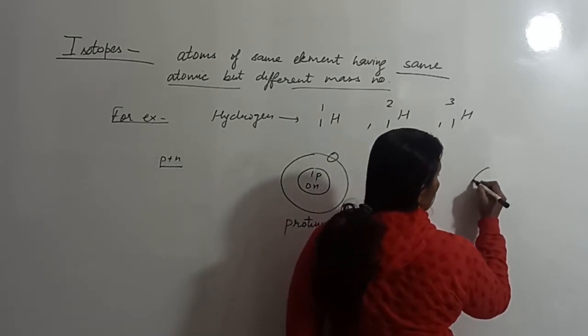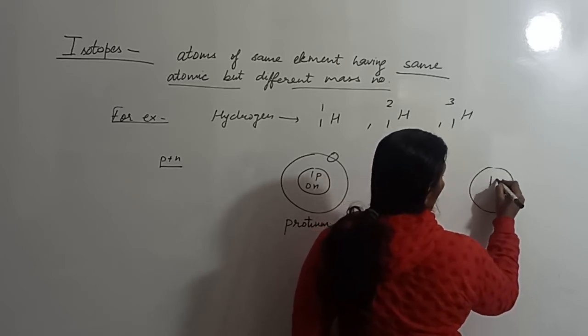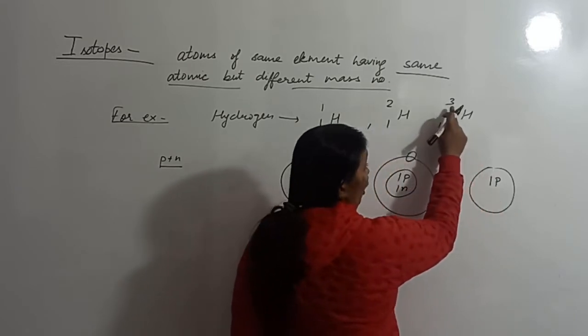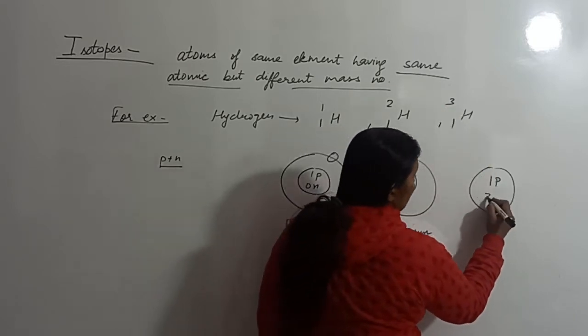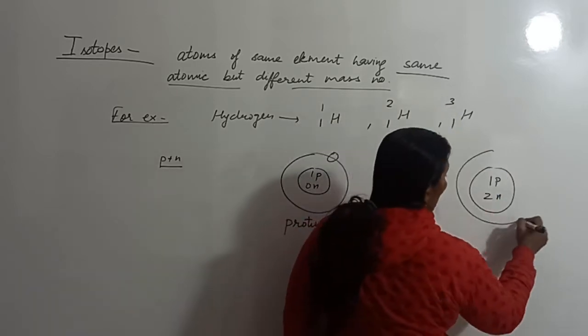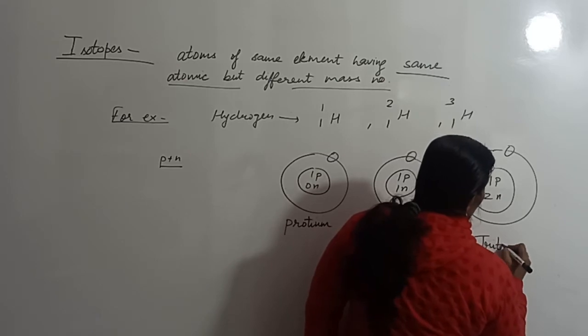Then the third one, in the nucleus there is 1 proton because atomic number is 1. And how many neutrons? 2 neutrons, because then only 1 plus 2 will become mass number 3, and electron 1. This third isotope is known as tritium.